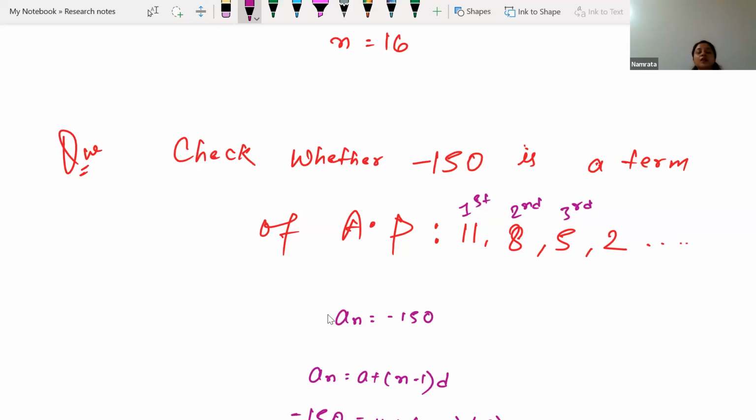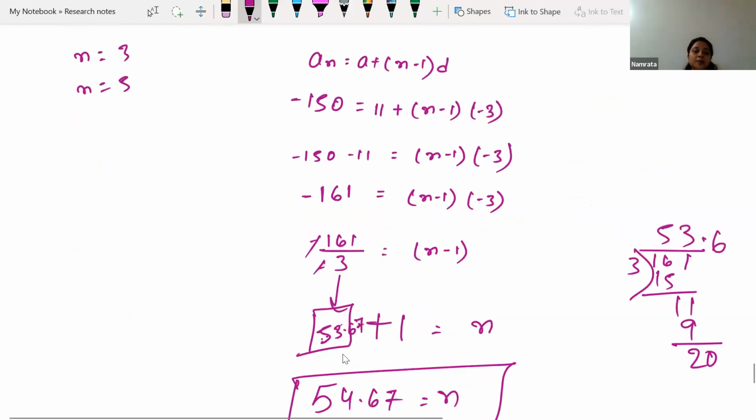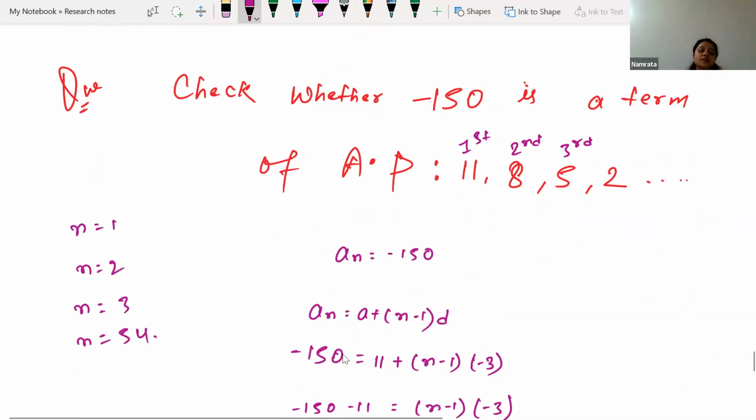No. Not at all. Because whenever we are looking at the AP sequence, we say the first one as the first term, the second one as the second term, third term, fourth term, fifth term, nth term. n can be 1, so that is representing the first term. n can be 2, so that is representing the second term. n can be 3, that is representing the third term. n is 54.67, that is not representing any term.